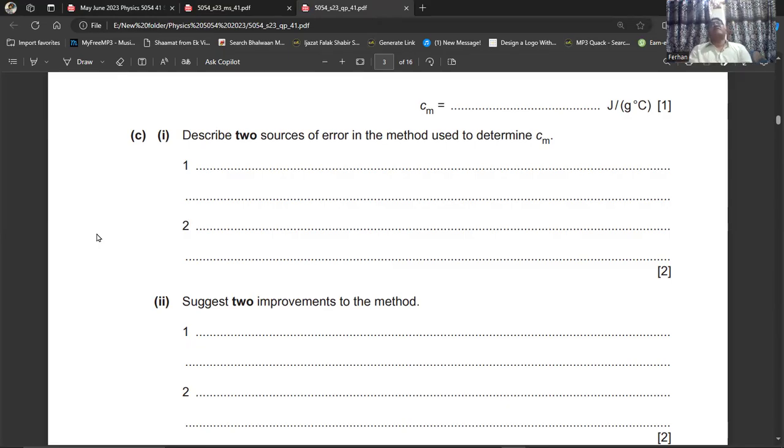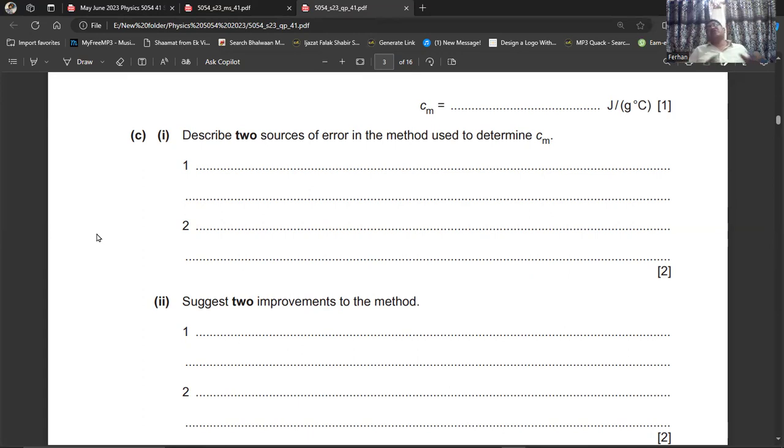For example, if the bulb of the thermometer touches the bottom of the beaker, or if the bulb of the thermometer touches the side of the beaker, then it will not note down the temperature of the water. It will start noting down the temperature of the bottom of the beaker, or you can say the material of the beaker.